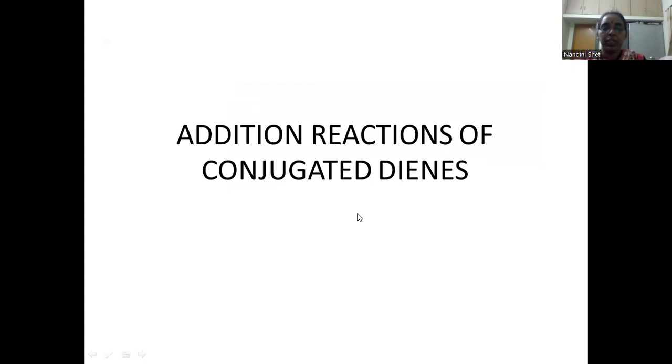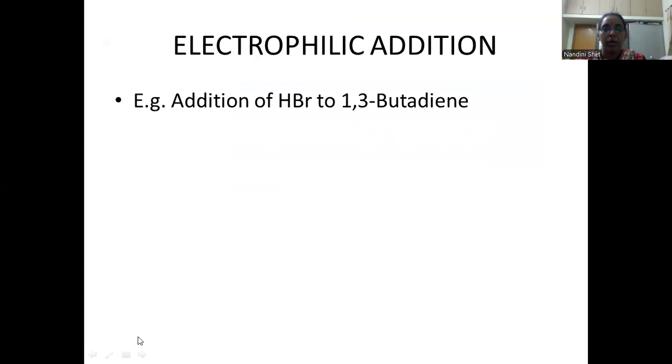Okay, so here it is, addition reactions of conjugated dienes. First, we will study electrophilic addition, and as an example, we will take addition of HBr to 1,3-butadiene. As you know, 1,3-butadiene is a conjugated diene.